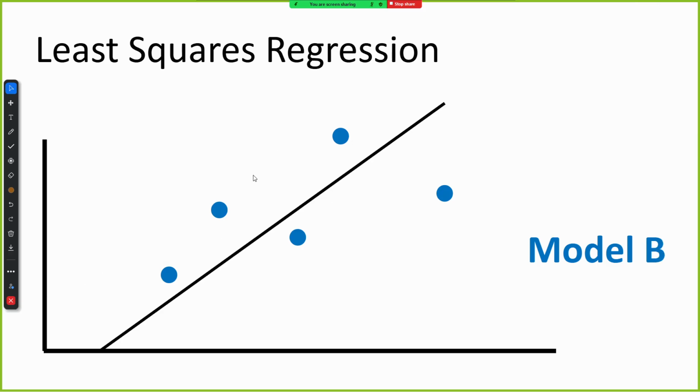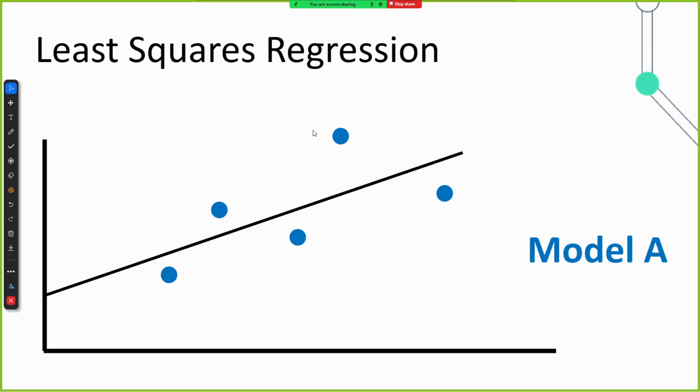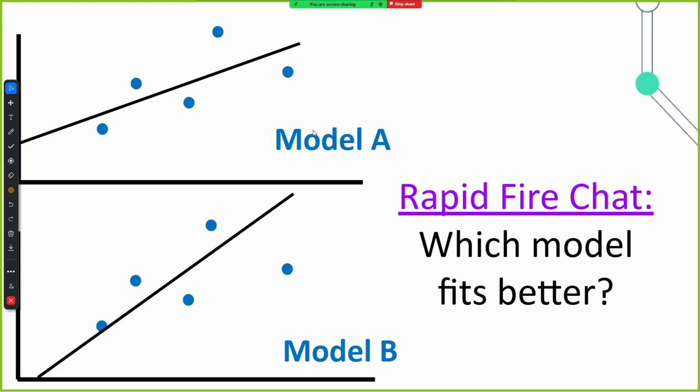So let's look at these two models. We have model A here and model B here. Looking at both of them together, which one fits better, do we think? Well, what we do is we kind of estimate based upon how it looks. We eyeball it, right?